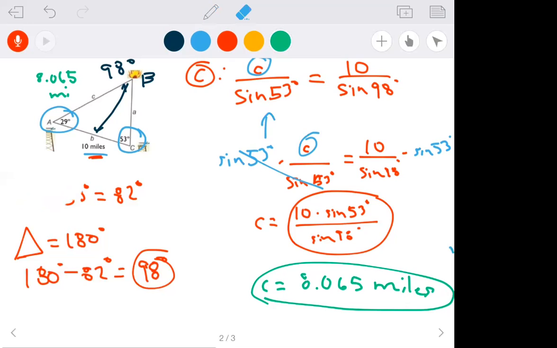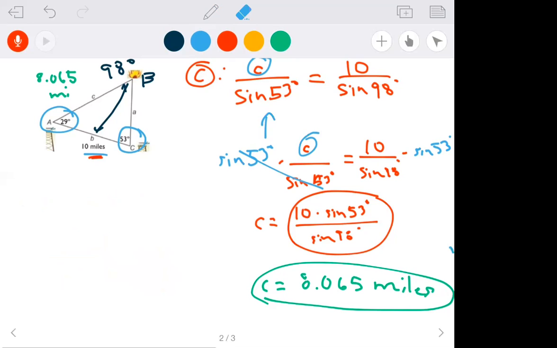Now, let's try to find angle A. So A divided by the sine of what's across from A? Well, across from A is 29 degrees.